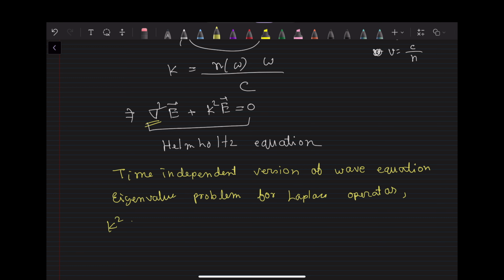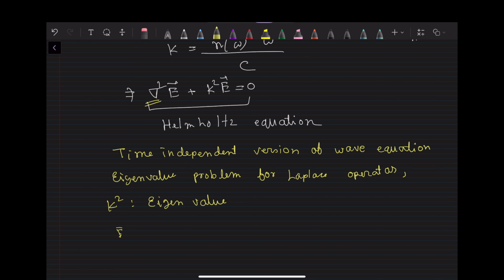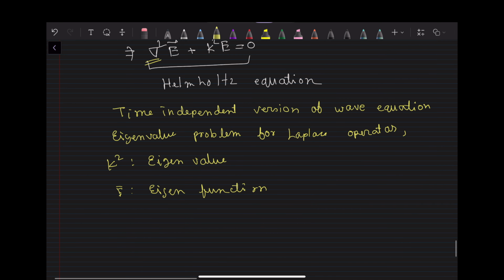And here k squared is the eigenvalue, and E is the eigenfunction. So this basically describes the spatial form of the wave equation.